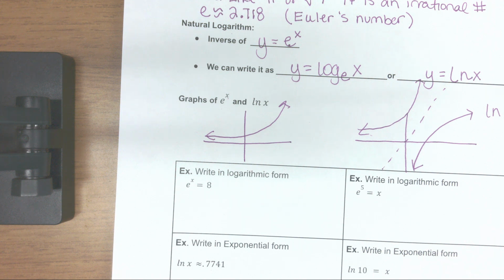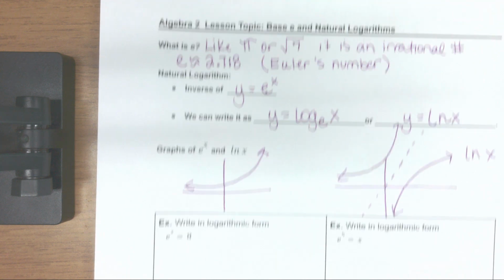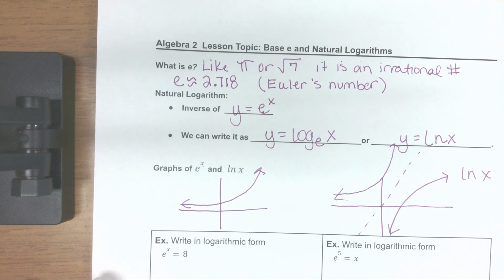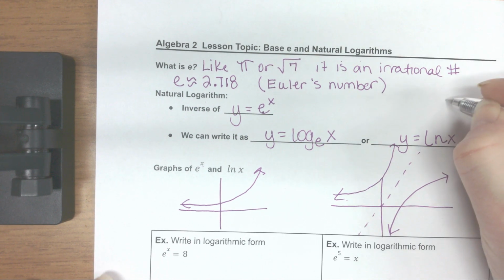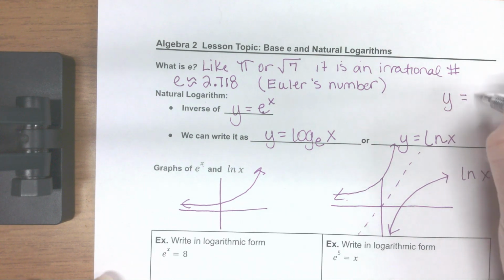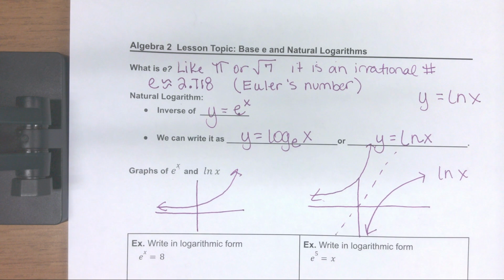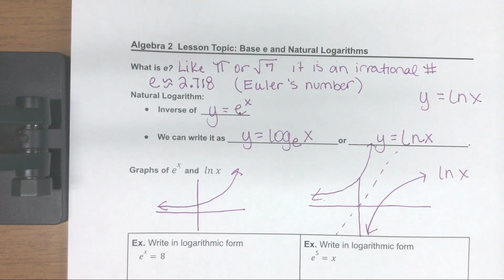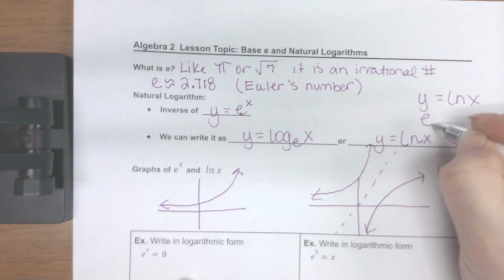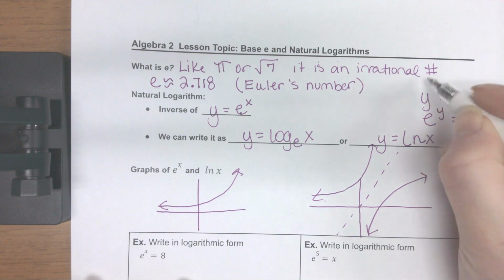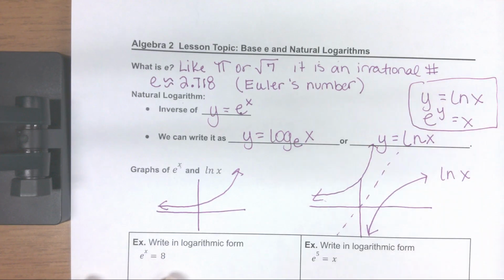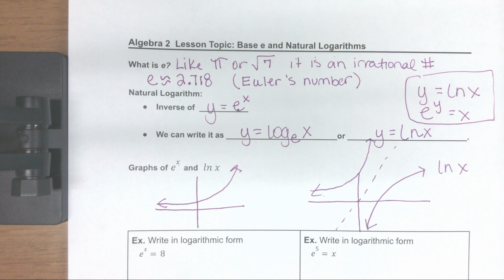So for today, when we are doing our logarithms, if we see y equals ln of x, what was the base of this again? What's the base? e. e to the y equals x is how we write it in its exponential form, just like every single logarithm we have done.